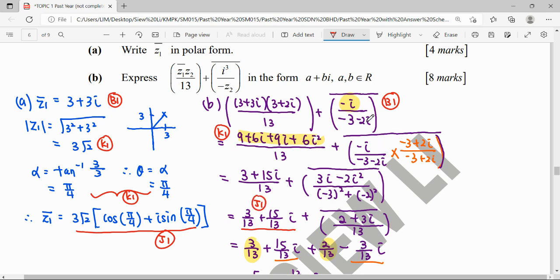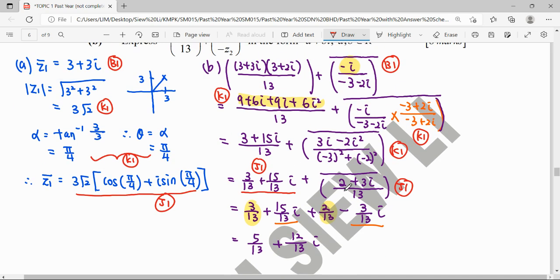Meanwhile, for this part, because it is a division, we need to multiply by its conjugate. Then simplify to the answer of 2 over 13 plus 3 over 13i. Then lastly, we do the addition operation for these two complex numbers to get 5 over 13 plus 12 over 13i.